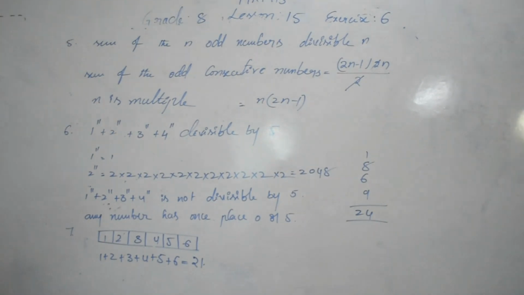So on his first birthday 100, second birthday 300, third birthday 600, fourth birthday 1000. So what is the amount deposited for Rahul's 15th birthday?